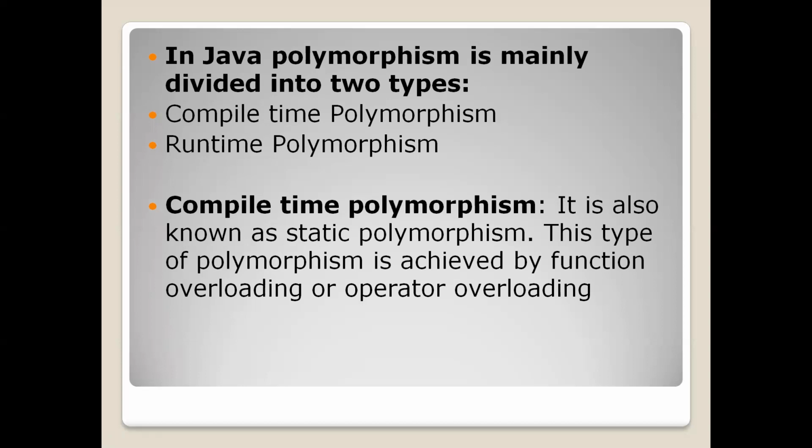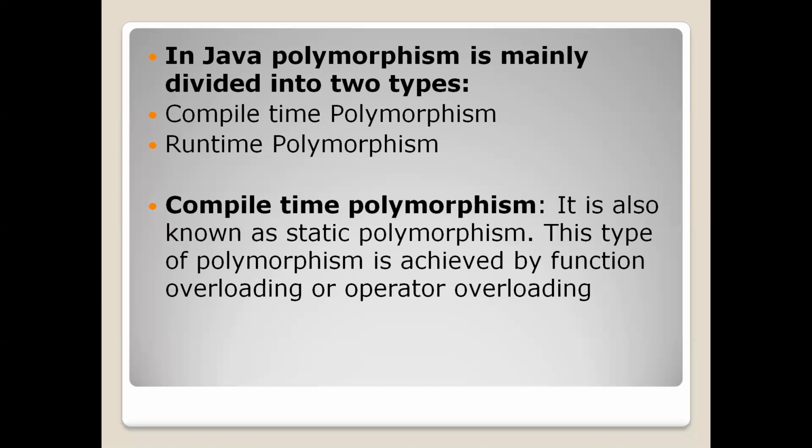Compile time polymorphism is also known as static polymorphism. This type of polymorphism is achieved by function overloading or operator overloading. So there are two types of polymorphism in object-oriented programming languages: compile time polymorphism and runtime polymorphism.